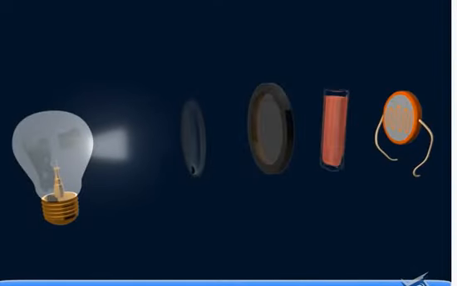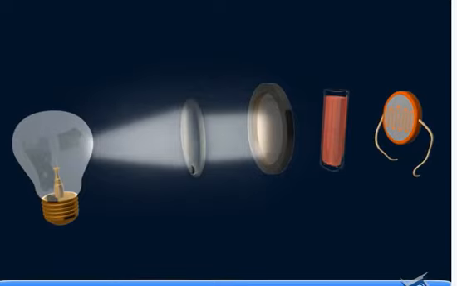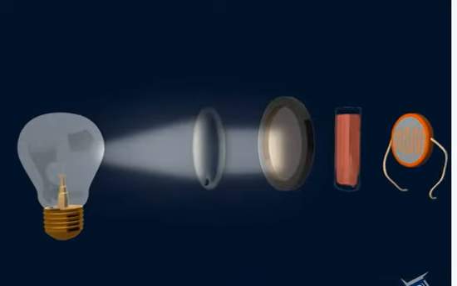The working starts when the light source produces white light, which is made up of green, red, and blue light. The white light passes through a lens, which focuses the light so that it moves in one direction. Then the light moves toward a colored filter.